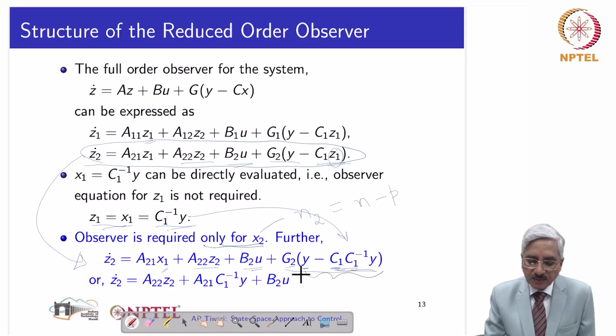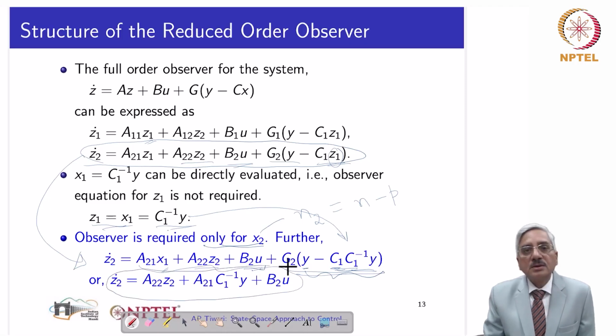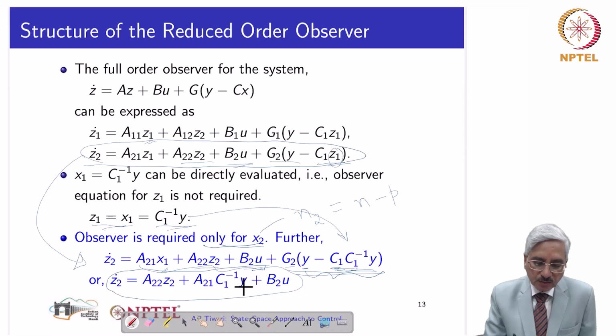This term disappears and only the remaining three terms remain. So the dynamical equation for the second subset, z2, becomes A22 z2 plus A21 C1 inverse y plus B2 u.